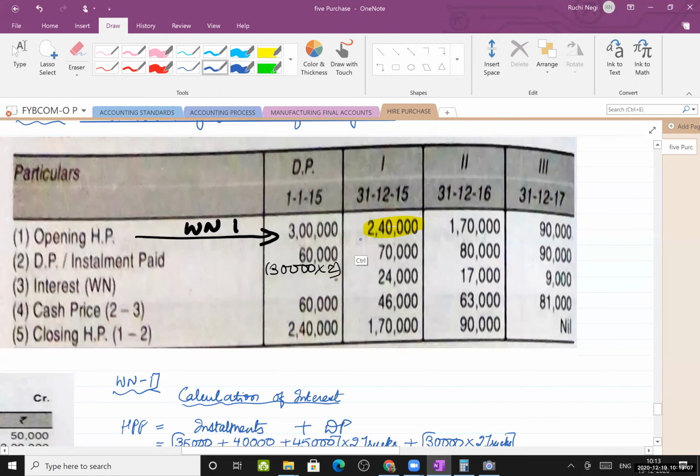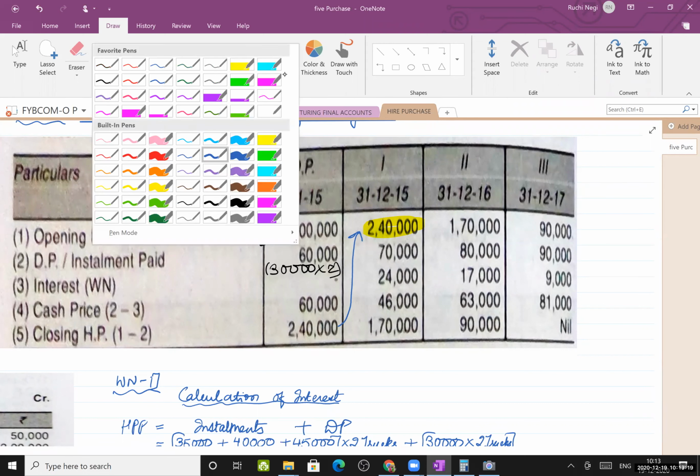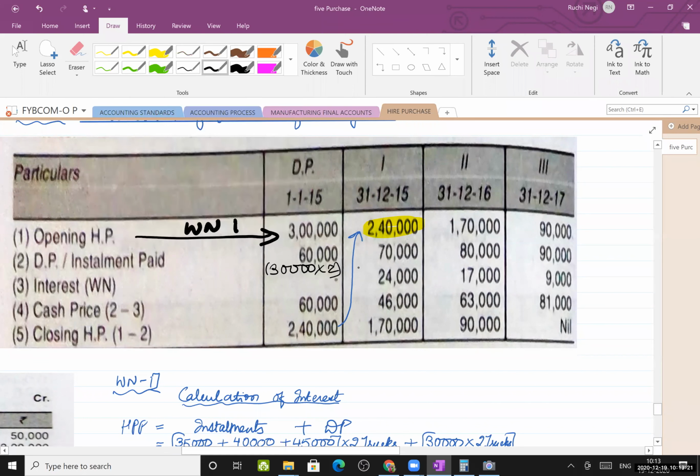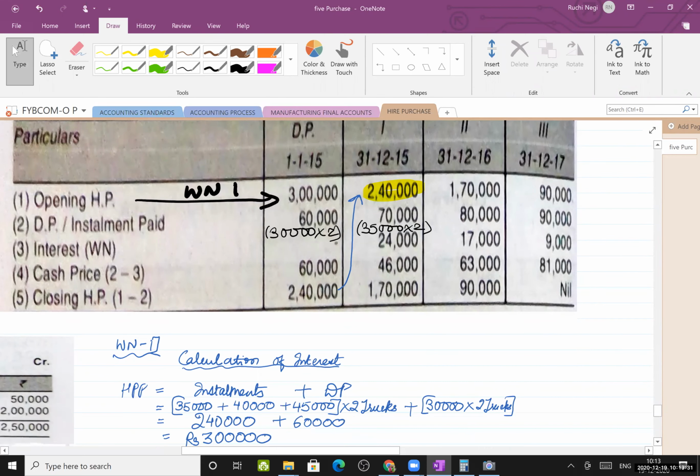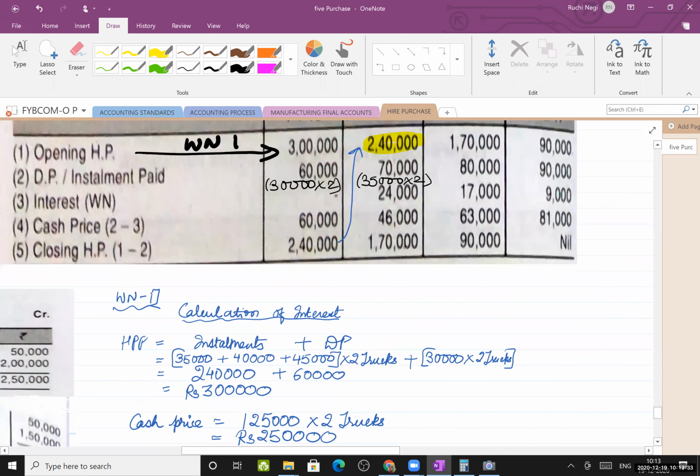Closing इधर opening बन जाएगा. Then my installment of the second year is 35,000 into 2, 70. 2 trucks है ना. अभी देखते हैं इंटरेस्ट कैसे मिलता है. I will show you how interest will be calculated.